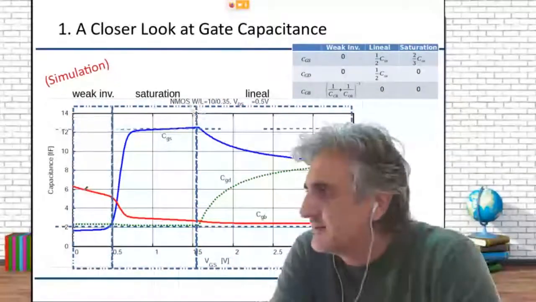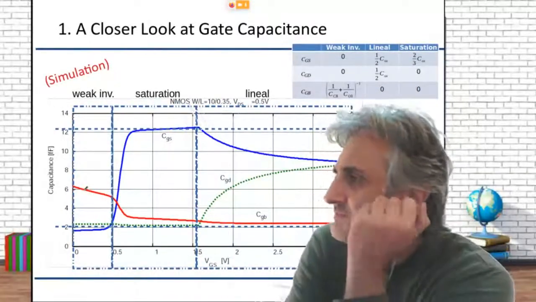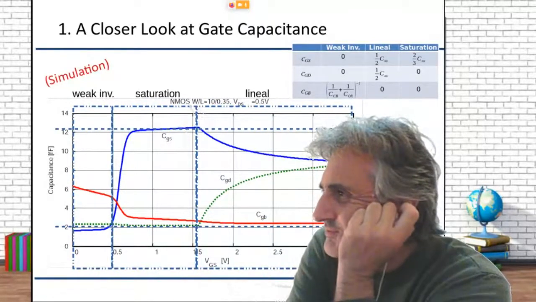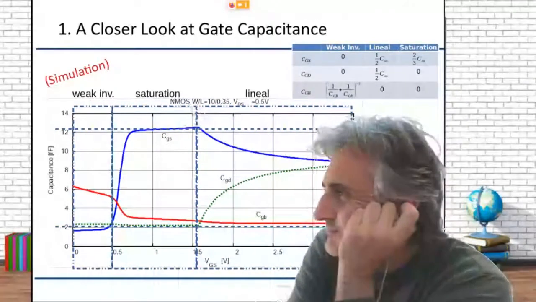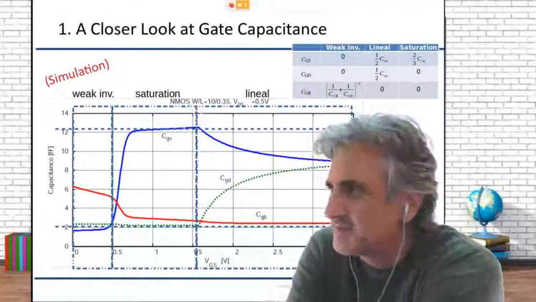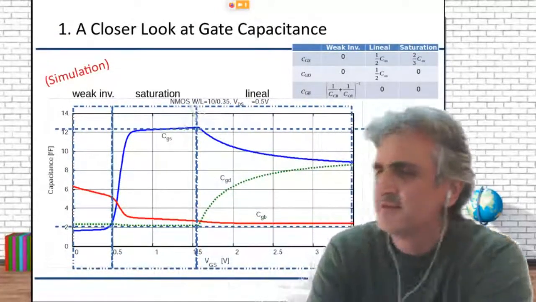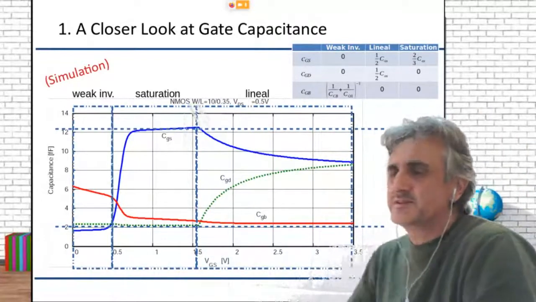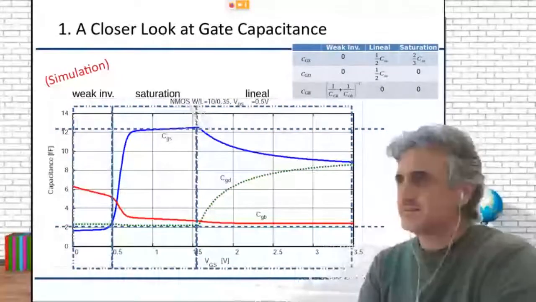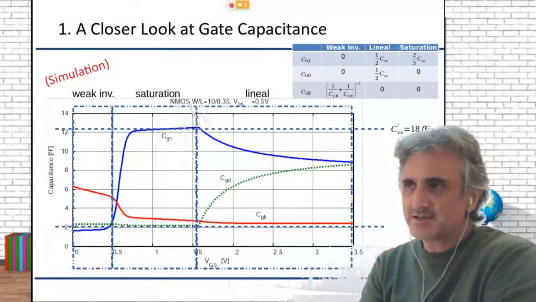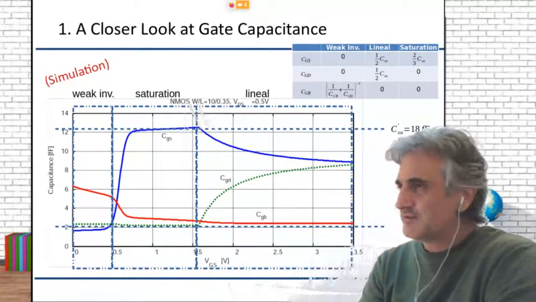And then the other one, this one is more constant. It has a region where it is not a constant, but who cares? It's going to be around 12, which is 2/3 of C oxide. 2/3 of C oxide means C oxide is around 18 femtofarads.